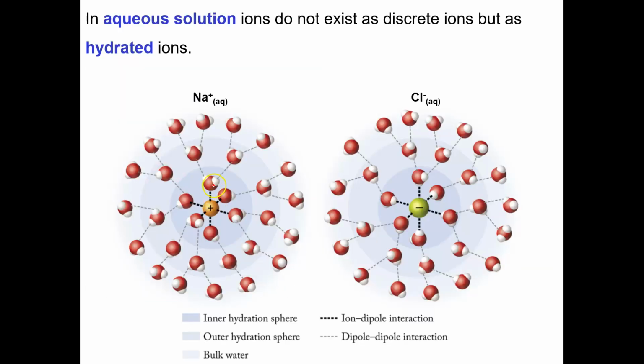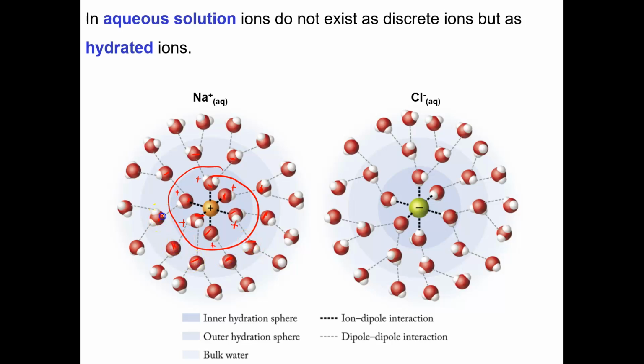So here's our cation, and you can see that it's surrounded by water molecules which all have their oxygen or negative end directed inwards, and they all have their positive end or hydrogen end directed outwards. So what's going to happen to all of that positive charge? Well, it's going to be attracted to the negative end of the water molecules that are adjacent to it.